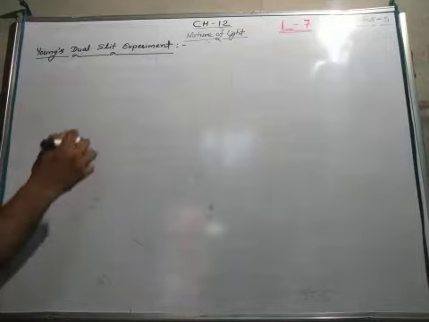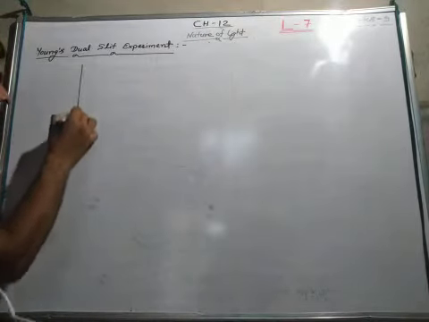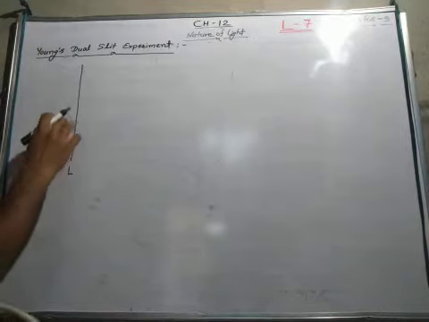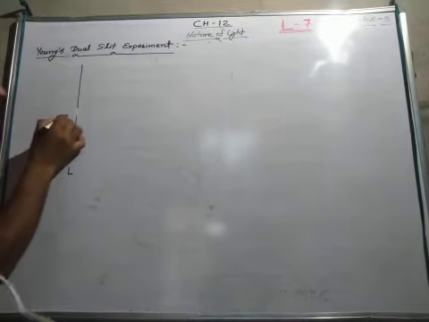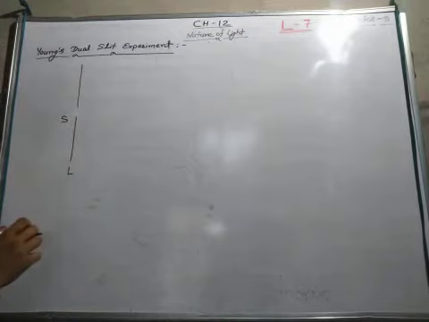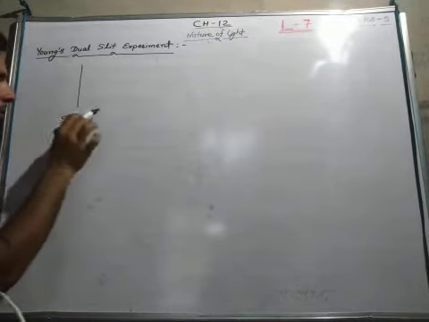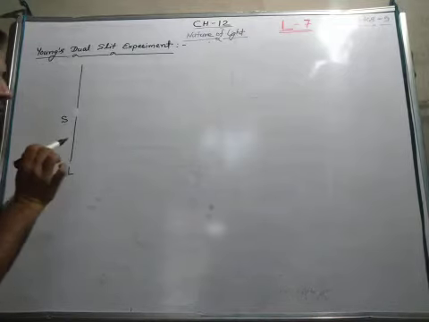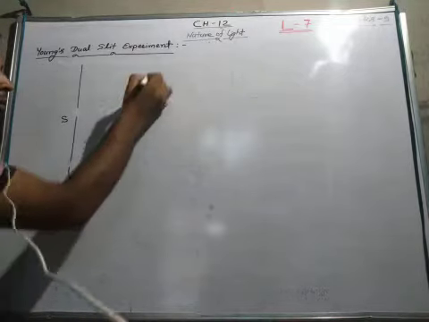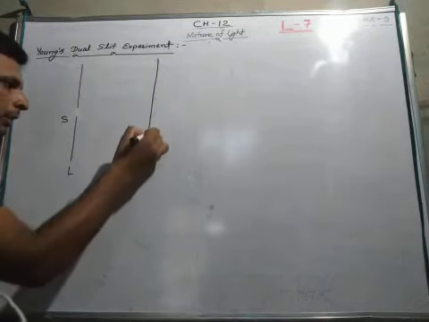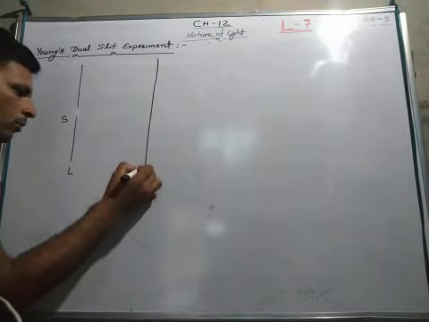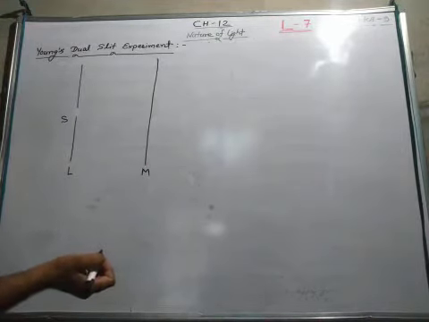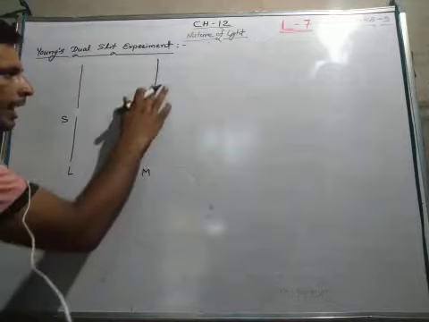In this experiment, we take a screen L. There is a slit S in this screen to pass the light wave. In front of this screen, another screen is taken by Young, that is screen M.